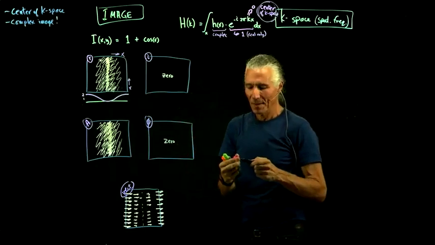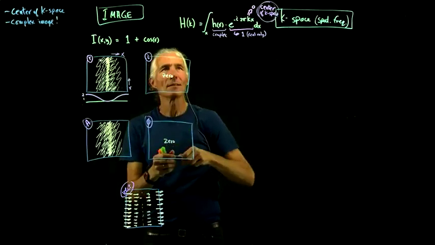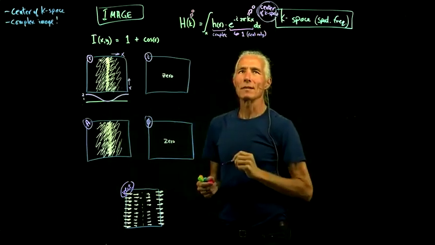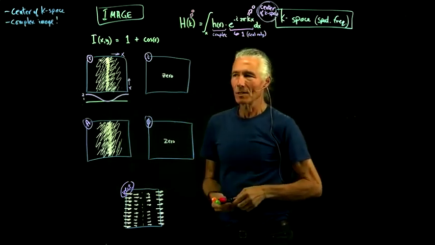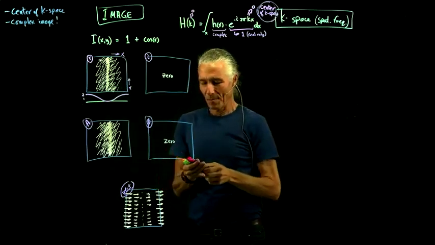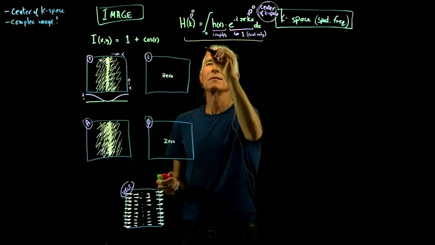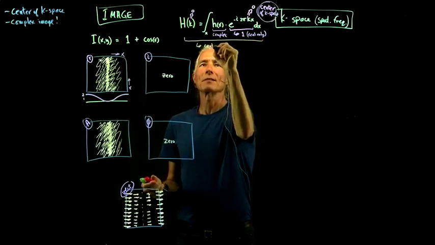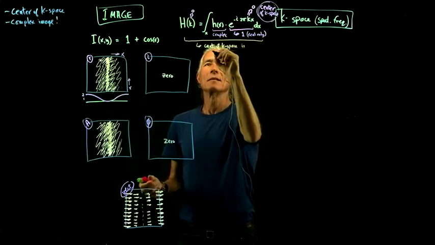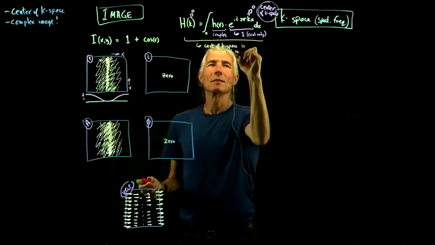So what does this equation say? It just says that at the center of k-space, when we set k to 0, the exponential goes to 1 and we just get the average. So the bottom line is: center of k-space is the average of the image.